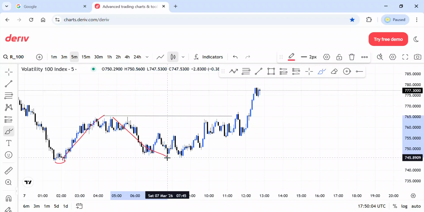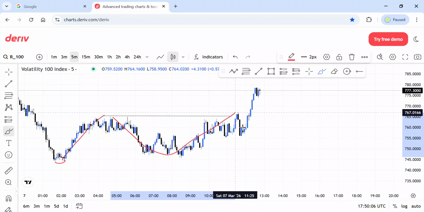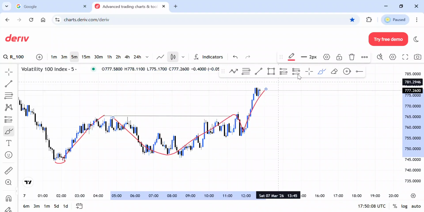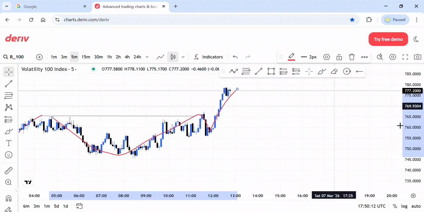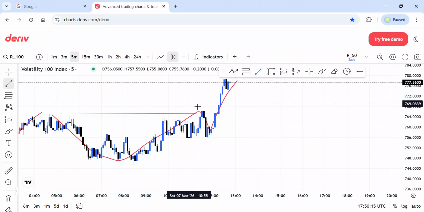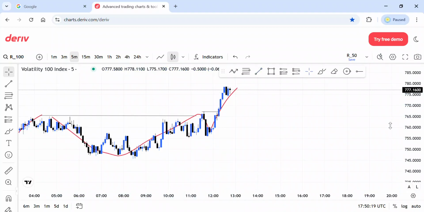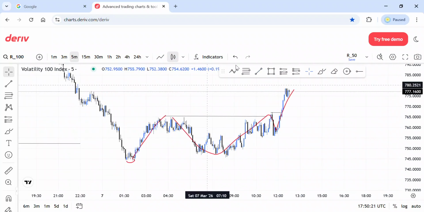We have a low, then a high on 5 minutes, then a low, then another high. So this was our last breakout to the upside. Then we have another, very shallow, breakout here to the upside. So that is how to mark your swing point.